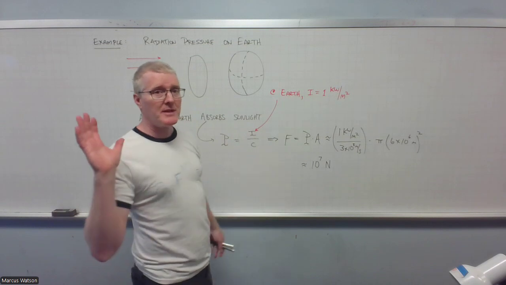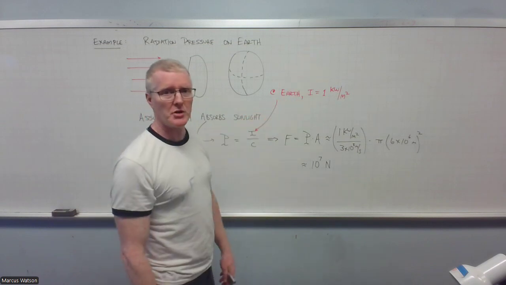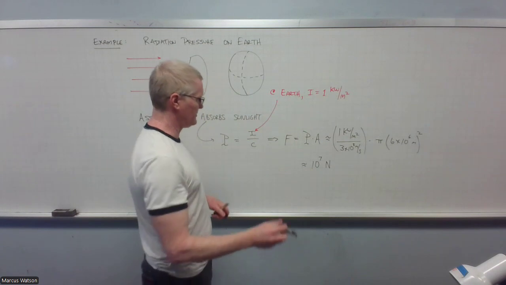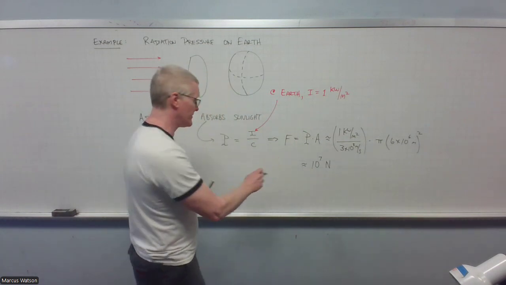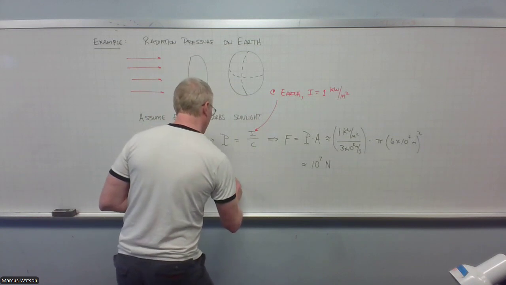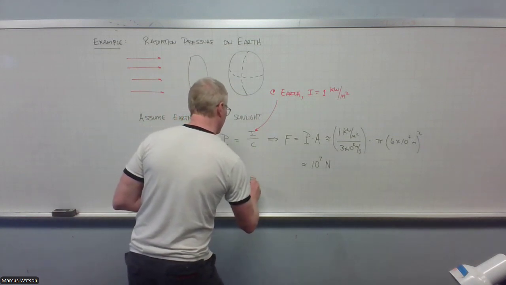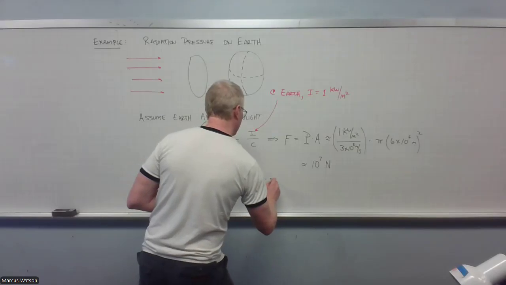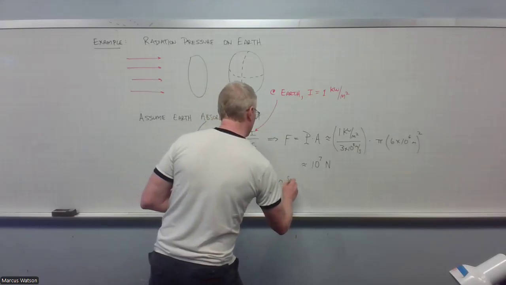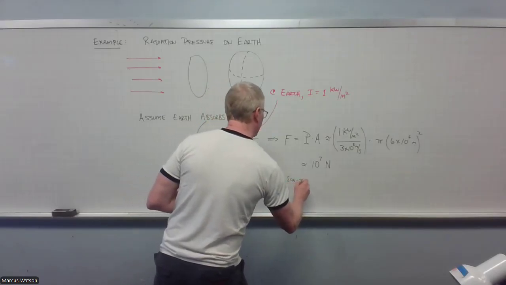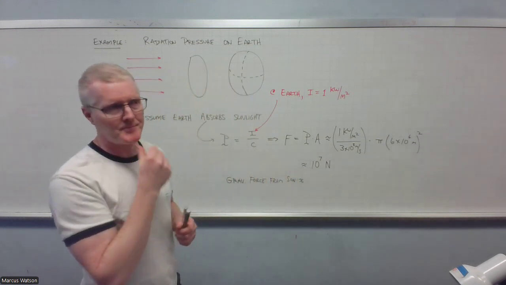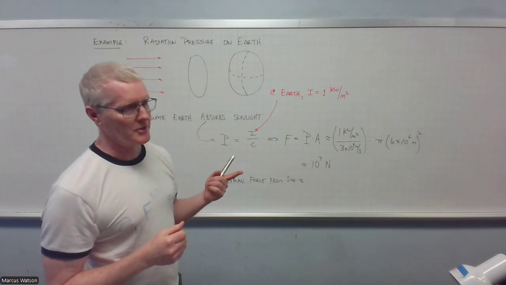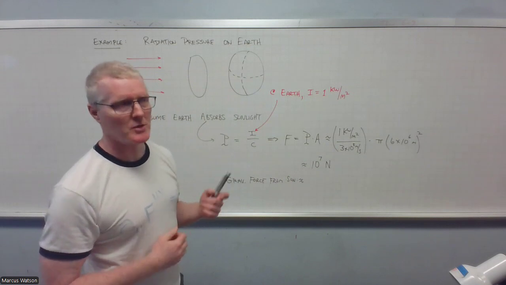Why are we not simply pushed off track? Just by way of comparison, because this is what we like to do in physics, let's compare that with the gravitational force from the sun. That should be approximately, if you know your Newtonian law of gravitation, G times m1, m2 over r squared.